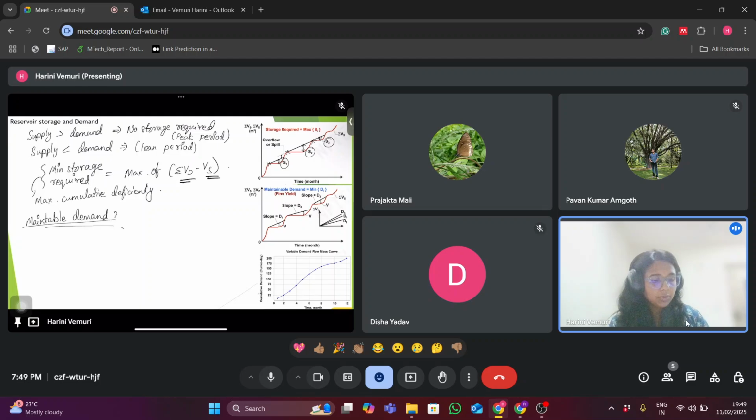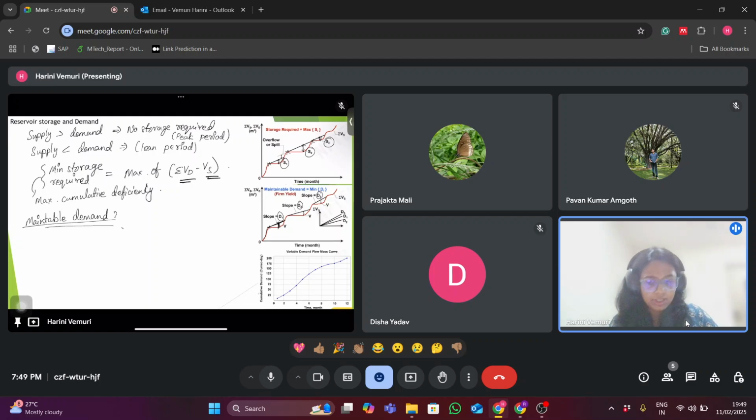So in this case, we know the supply curve, the red line, and we know the storage. Based on the storage value, we will draw a vertical line, and we'll draw a tangent from the hump of this supply line connecting to this point. So the slope of this will give us the demand.